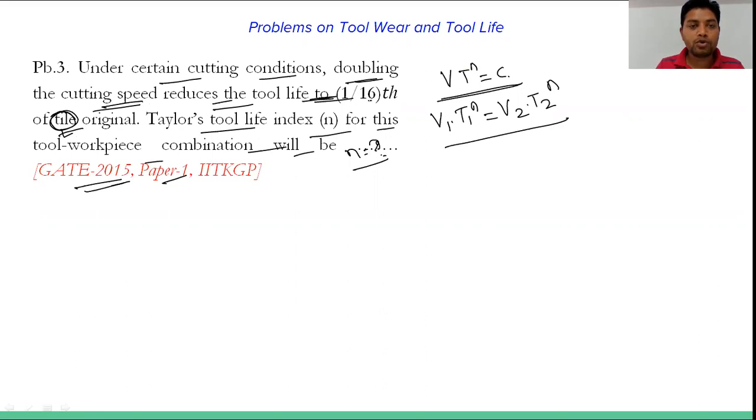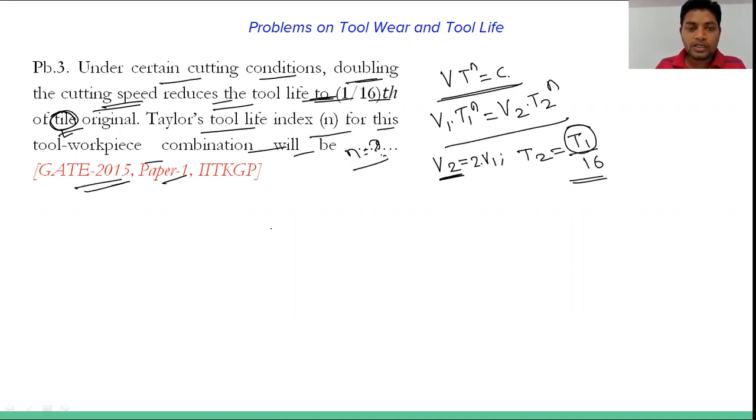The tool life becomes 1 by 16th of the initial tool life, so this will become t1 by 16.